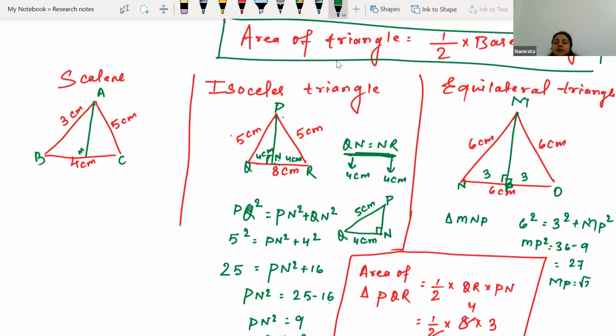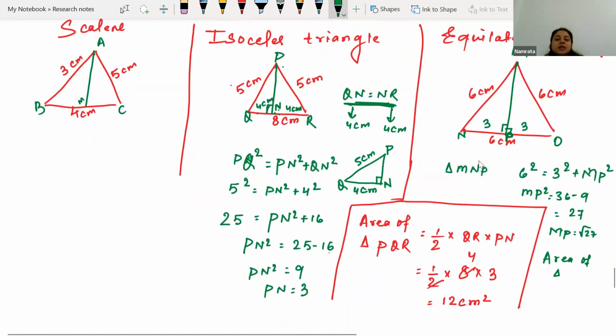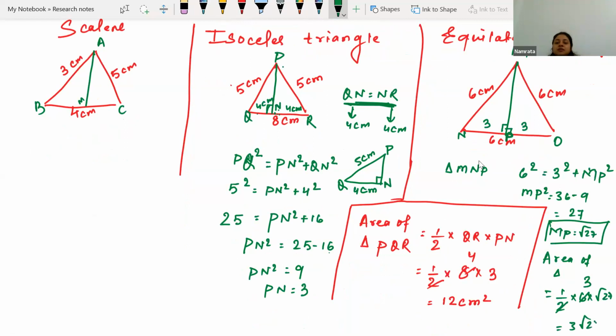Now the area of our triangle will be 1 by 2 times base times height. Base is 6, height we just found as root 27. So 1 by 2, base is 6, height is root 27, and we end up getting 3 root 27.